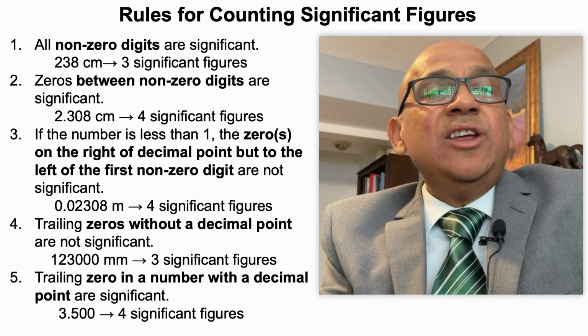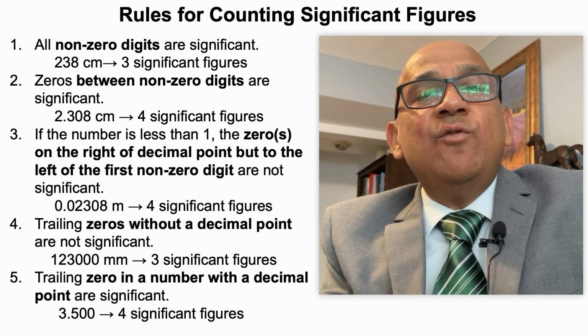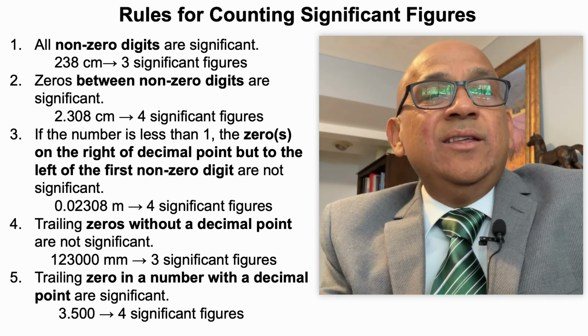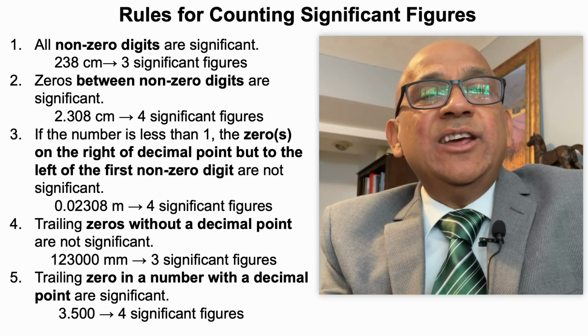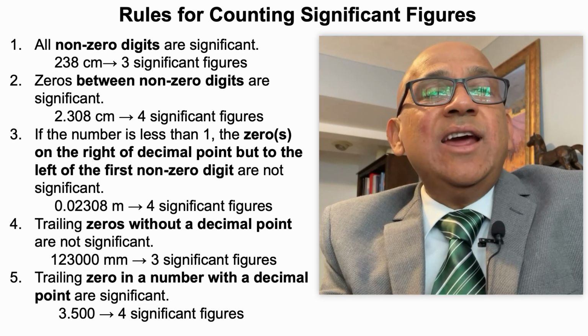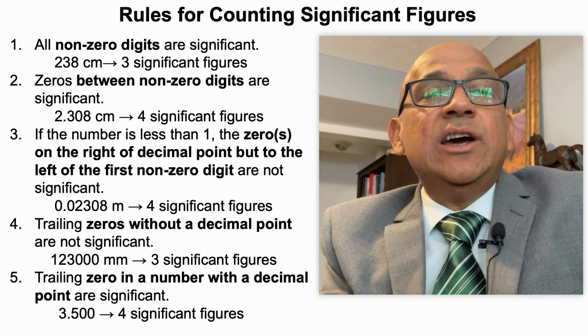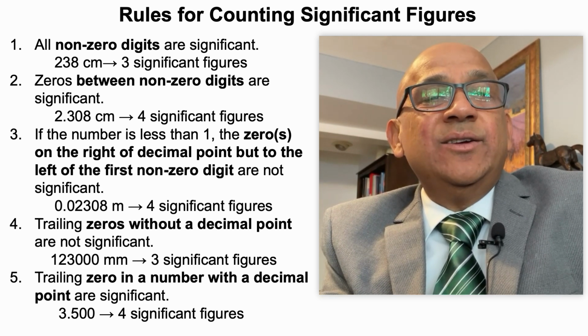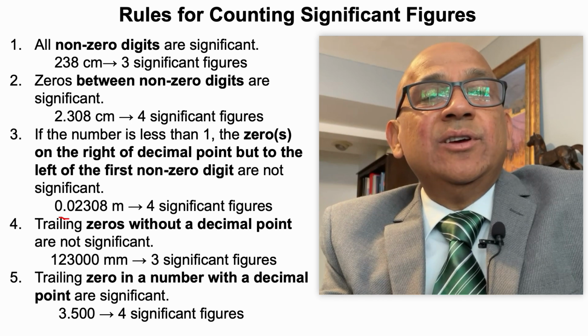Rule number 3 is that if the number is less than 1, the zeros on the right of the decimal point but to the left of the first non-zero digit are not significant. Let us look into this number.